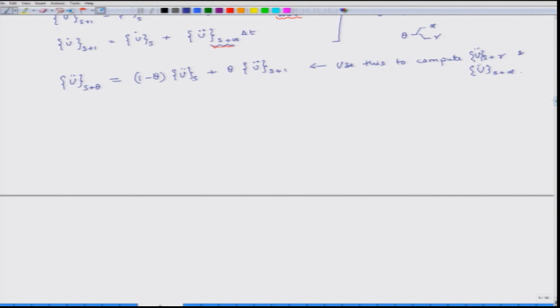Now, the next question is, what should be the values of theta and alpha and gamma? For that we will develop a table: alpha and gamma, name of the method, and stability.